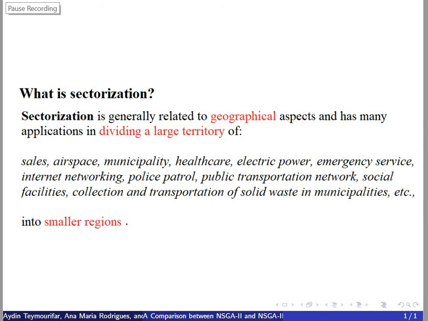Sectorization problems are important parts of the supply chain management. Sectorization is generally related to geographical aspects and has many applications in dividing a large territory of sales, airspace, municipality, healthcare, electric power, etc. into smaller regions.